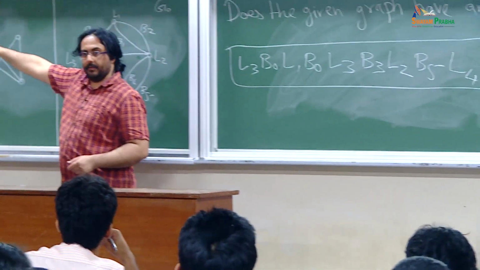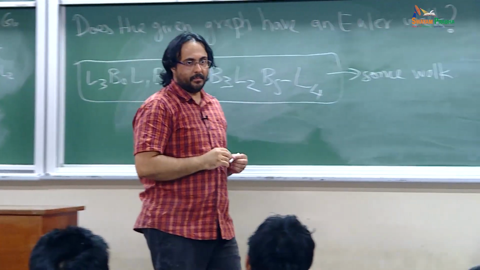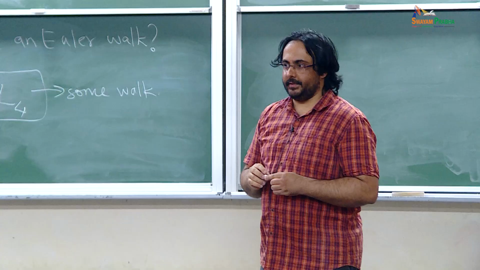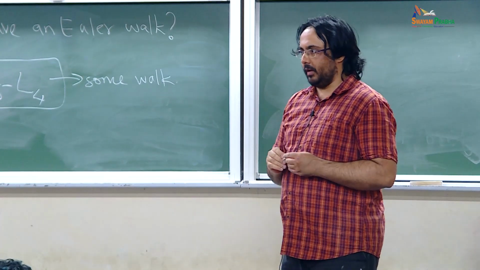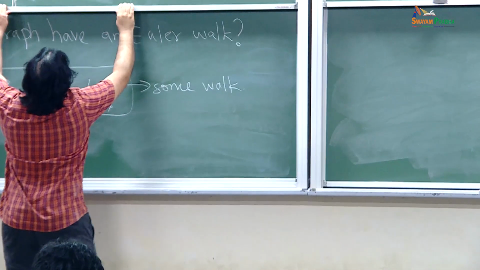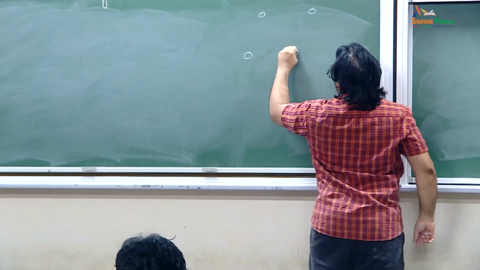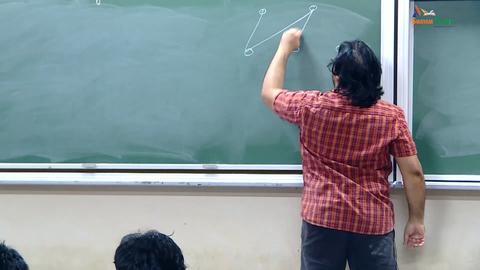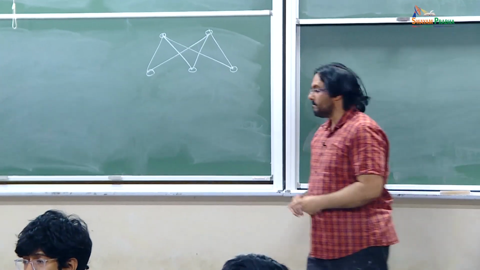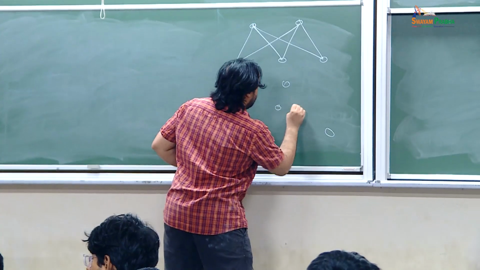So which of these graphs has an Euler walk? G0 or G5? Or neither of them? Neither. Neither G0 nor G5 has an Euler walk. But we had other graphs. We had this graph that you can draw like this, and this is an Euler walk. And we had another graph, a very nice graph.